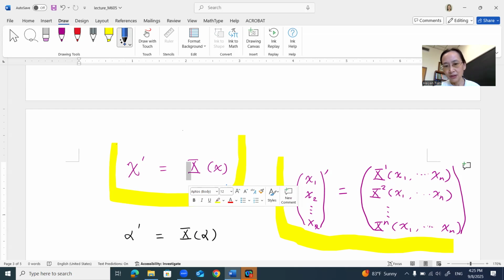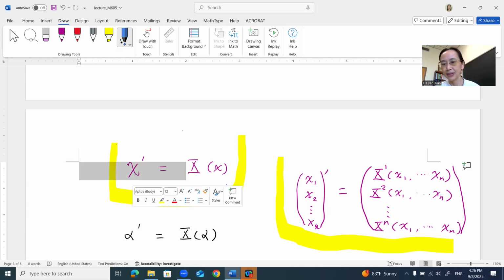And each component of capital X depends on the lowercase x. That means it depends on each component of the lowercase x.